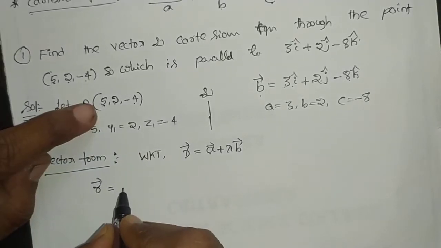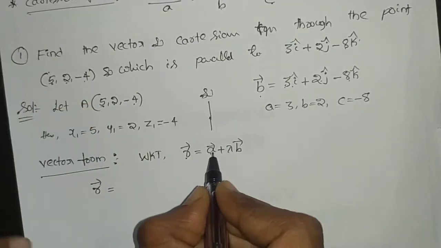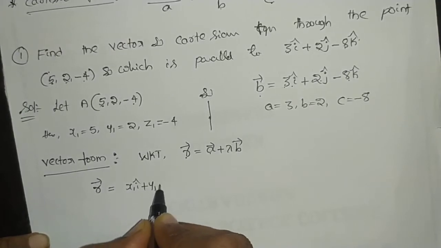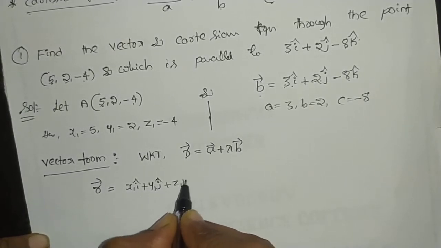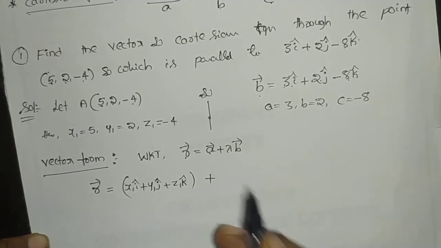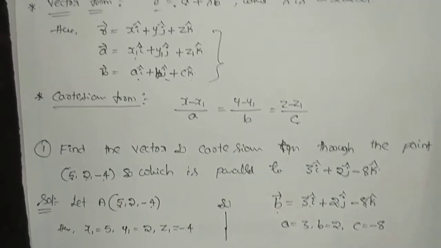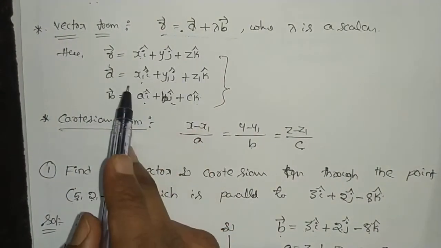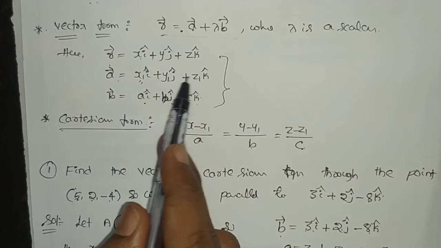Then what we will get? R vector can also be written as x1 i cap plus y1 j cap plus z1 k cap, plus lambda times b vector. Here I already told you, R vector is xi plus yj plus zk. A vector is x1 i plus y1 j plus z1 k.